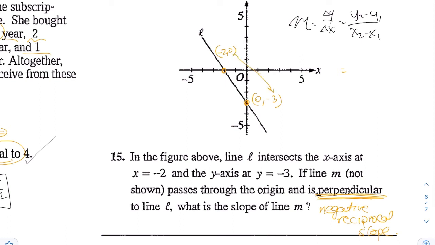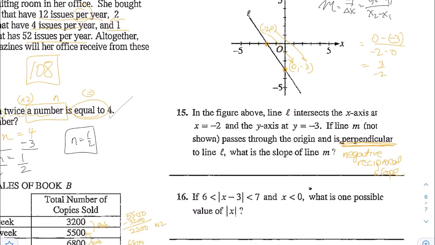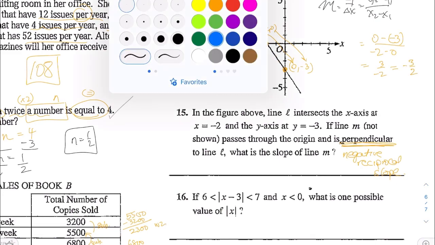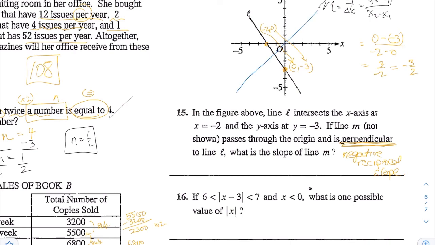So if you do 0 minus -3, you have to do -2 minus 0. That will give you 3 over -2. So that means that the slope is going to be -3 over 2. So for the perpendicular line M, which will look something like this, you have to do the negative reciprocal slope. So that's going to be positive 2/3.